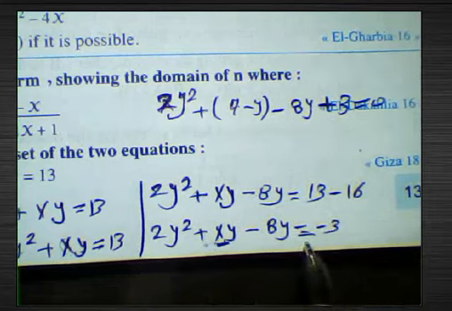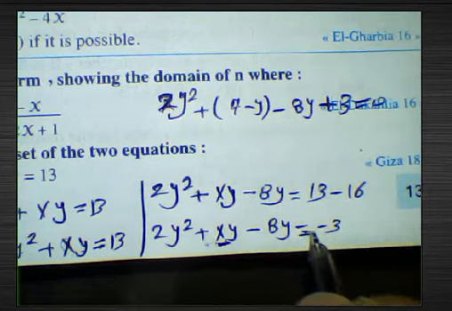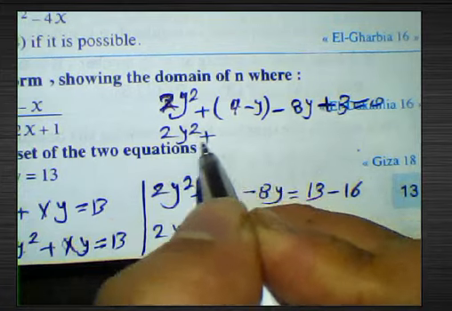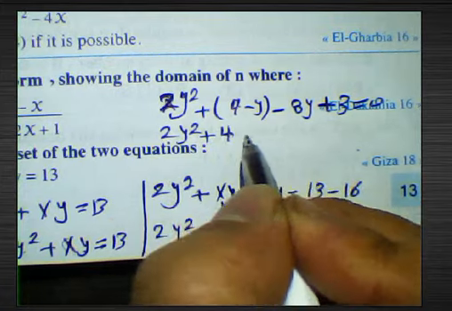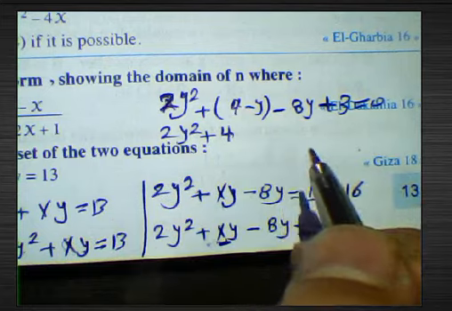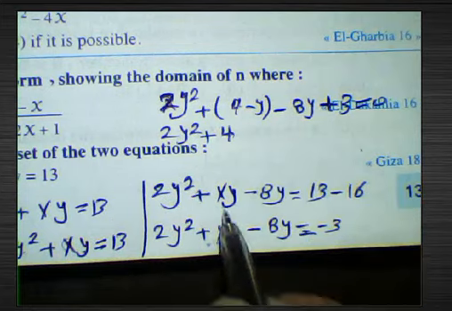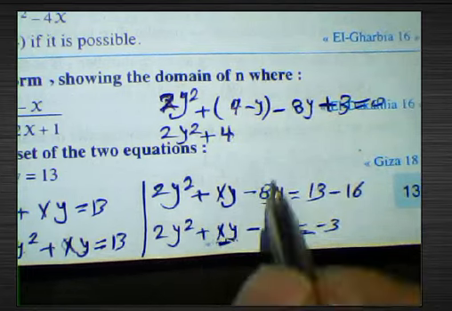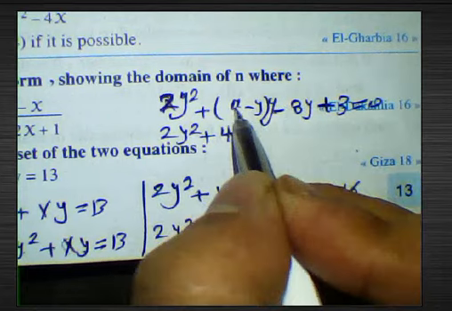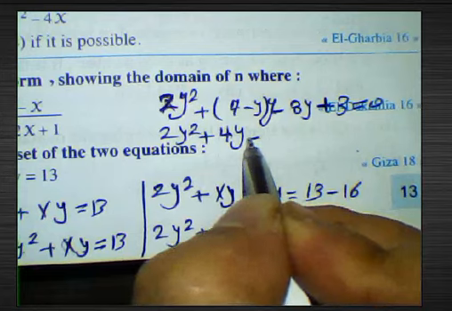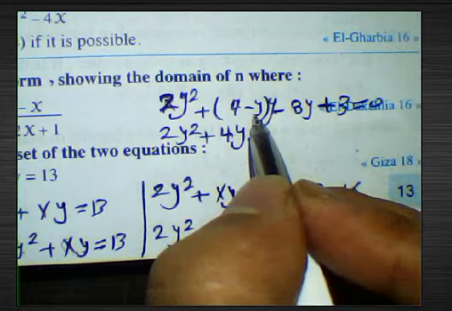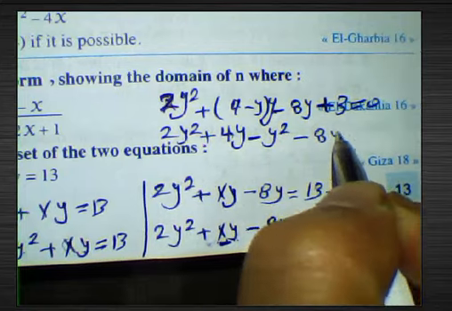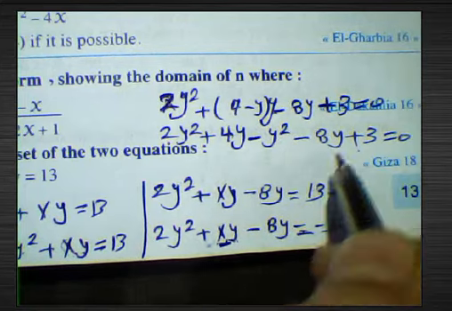Moving negative 3 from the left hand side to the right hand side, or the inverse. Okay, and then we can write 2y squared plus, here we write (4 minus y) times y. 4 times y equals 4y, and negative y times y is negative y squared, minus 8y plus 3 equals 0.